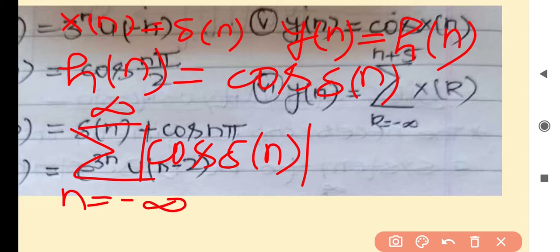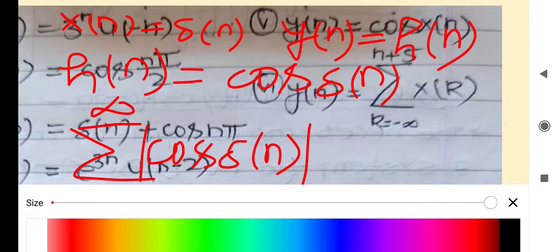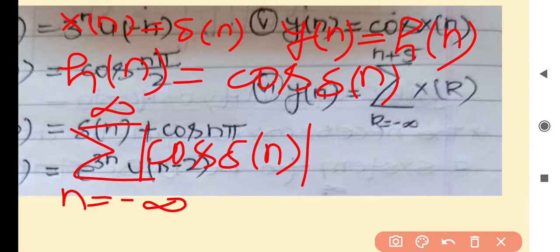When we put values of n from minus infinite to plus infinite, for all values of n, the value of delta[n] will be 0.